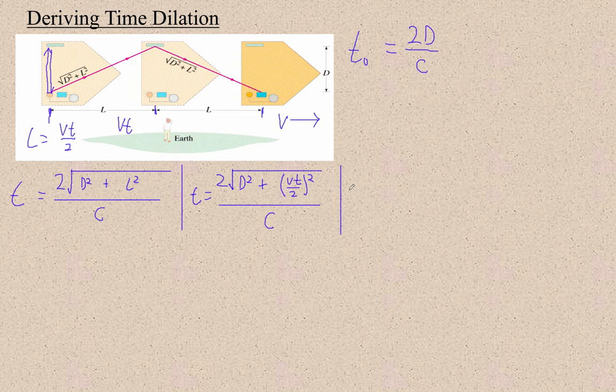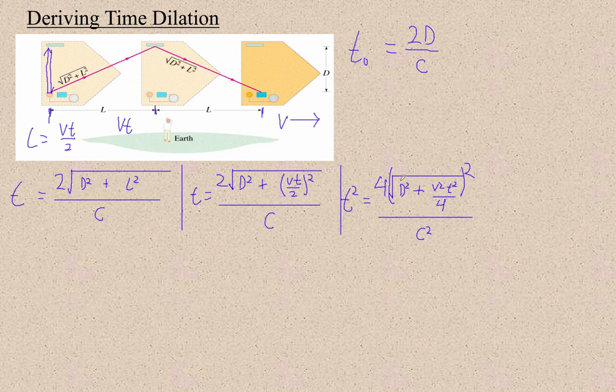So t squared equals 4 times d squared plus v squared t squared over 4. I'm just squaring that thing, and then this thing is squared, so the radical goes away, and then that's divided by c squared. So all I did was square this thing, and then we squared this.